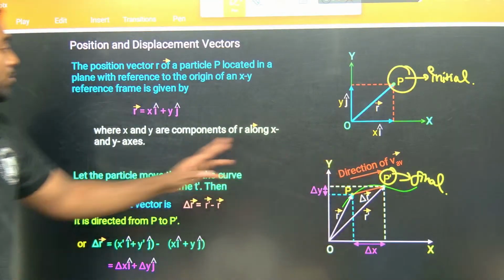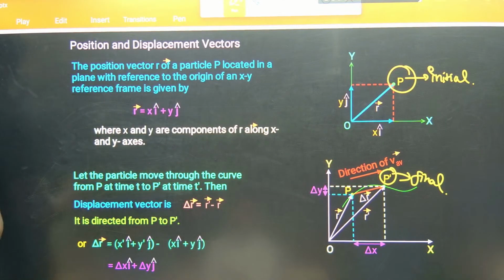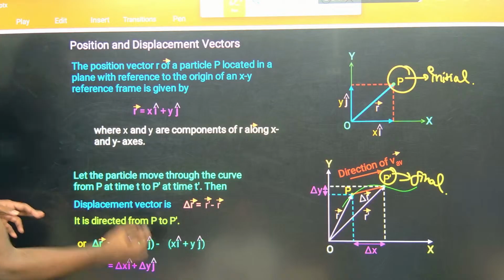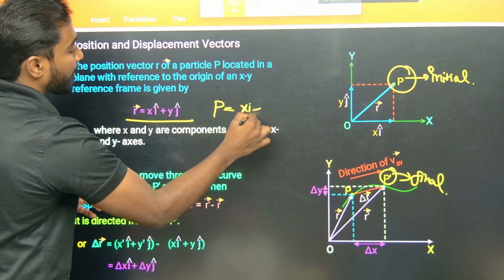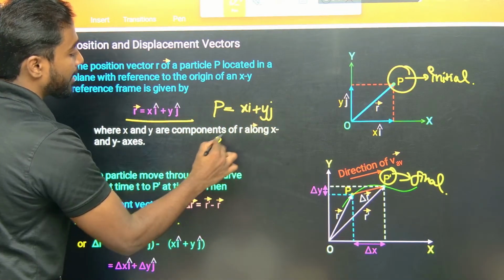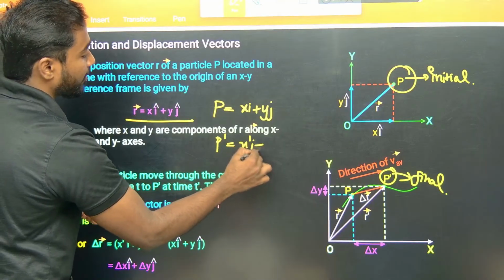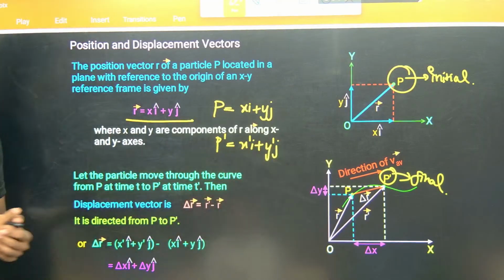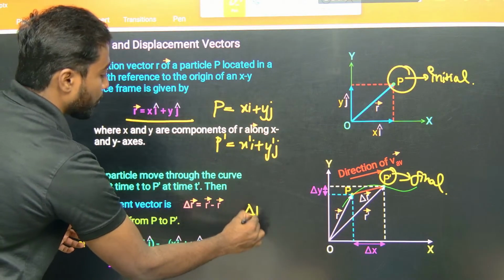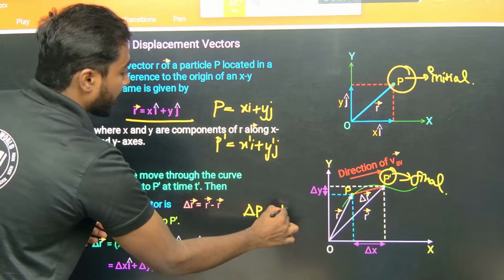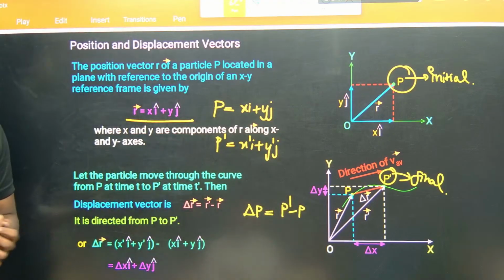Displacement is nothing but change in position. So if you take P as x i plus y j and P dash as x dash i plus y dash j, then change in position is nothing but P dash minus P, or change in displacement we'll say.